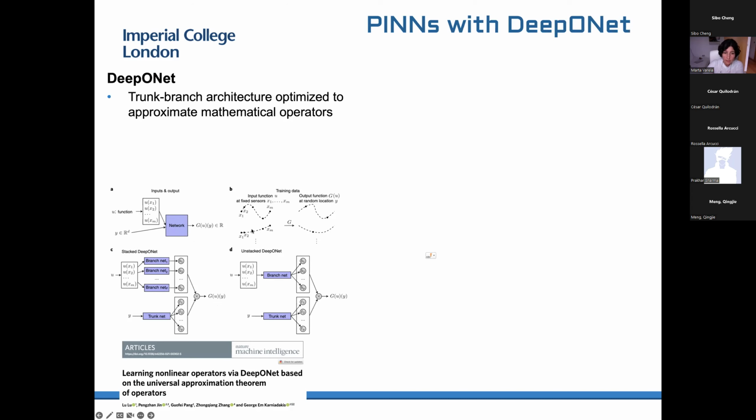And so if you do that, they propose this architecture with a trunk net for Y and the branch net for, sorry, I said X was the input, but it's actually U of X, U being the function of X and X being the positions. And they propose a different architecture with this trunk branch network for this particular application.